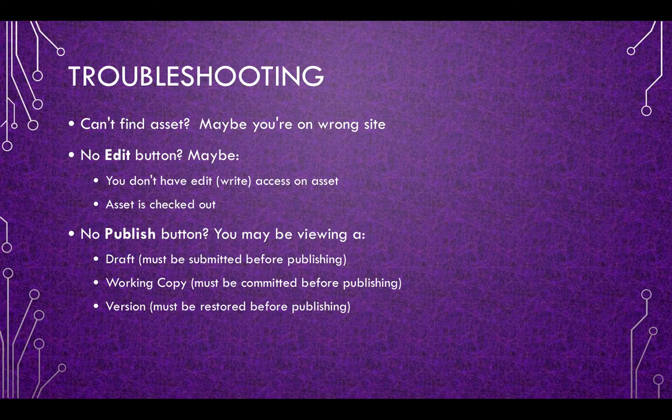And review previous videos if you don't know how to make sure you're on the right site. If you don't see an edit button on an asset, it could be that you just don't have access to edit that asset. In which case, you can contact us in marketing and communications and we can help you. Or someone may have checked out that asset and you might see an indication for that on the page.